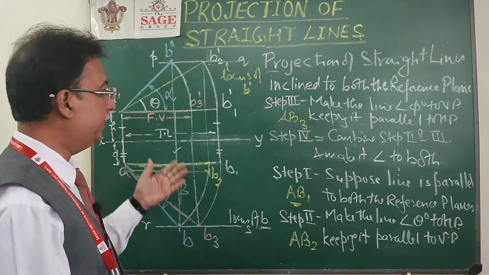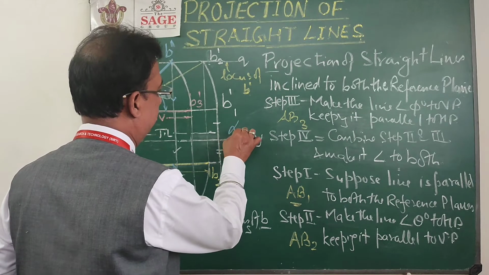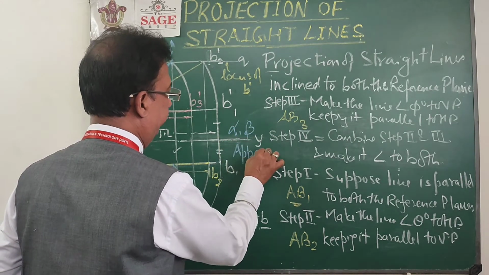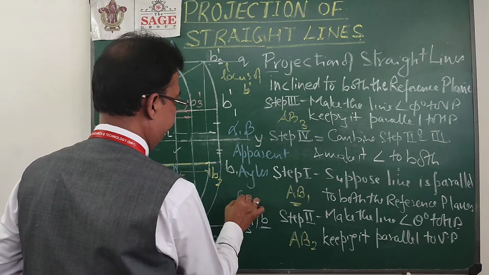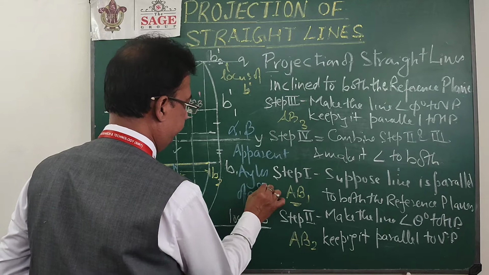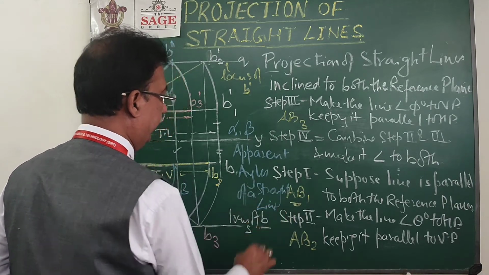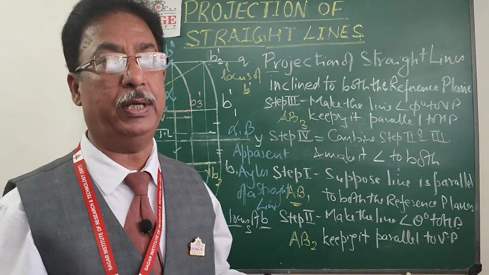These alpha and beta are the final angles. These are known as the apparent angles of a line. So apparent angles are those angles which are visible in the projection, but those are not true angles.